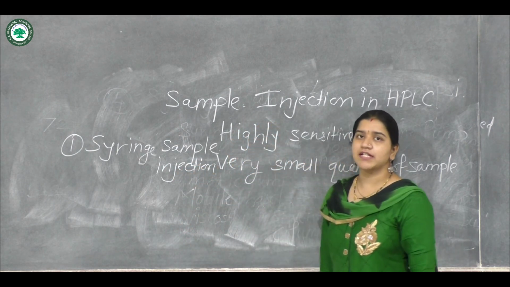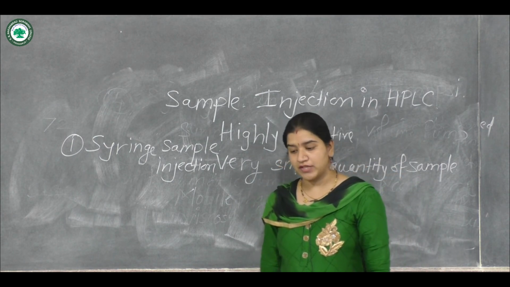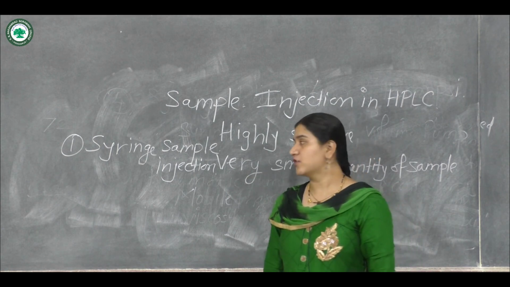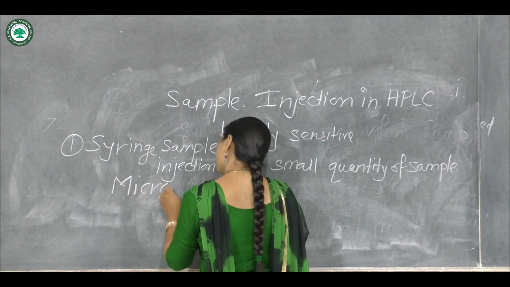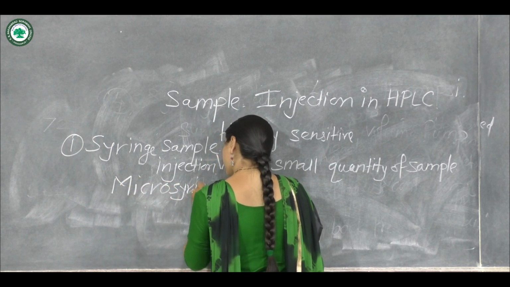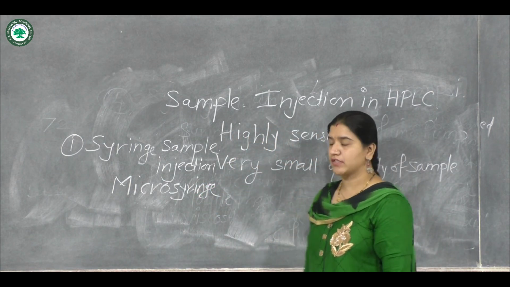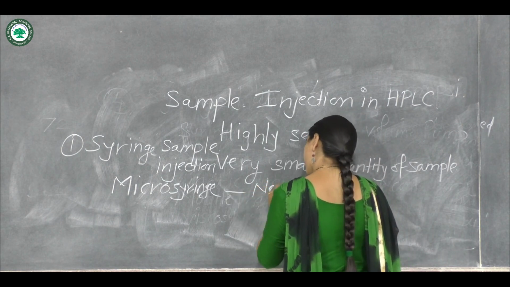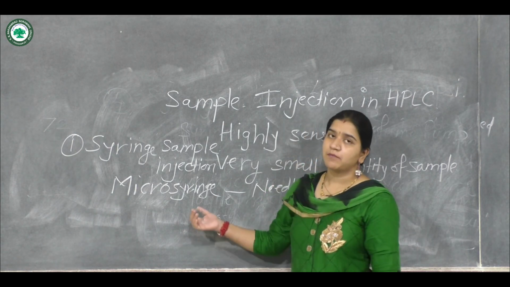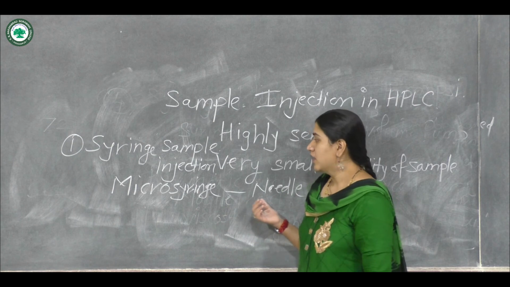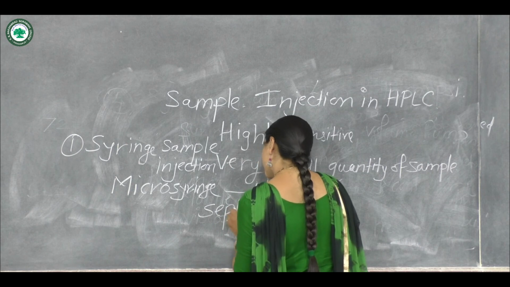In case of a syringe sample injection, it is similar to the use of a micro syringe that we use in gas chromatography. So here you are using simply a micro syringe. This micro syringe is provided with a needle, and it is having a septum.